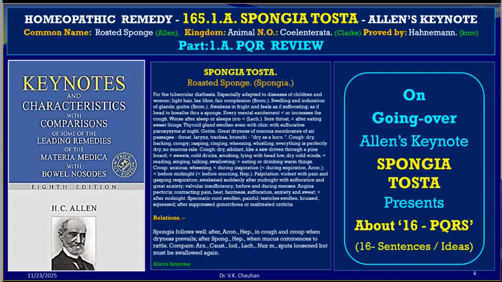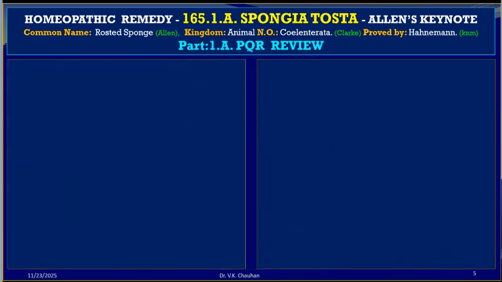Each sentence to us is an idea or red line symptom. So let us go ahead. We go to the first symptom, or first line, first sentence, PQR1, and analyzing this text, it tells us about the diathesis of Spongia tosta: the tubercular diathesis.